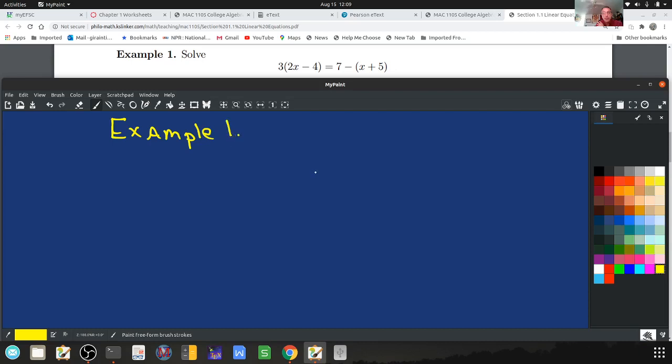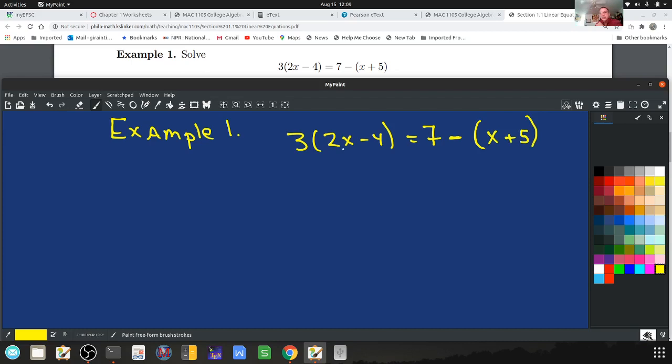So this is example 1. We have 3 times (2x minus 4) is equal to 7 minus (x plus 5).